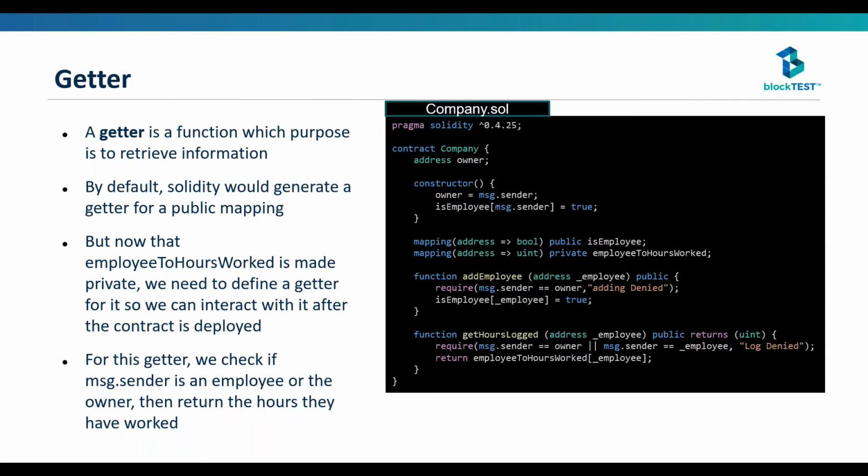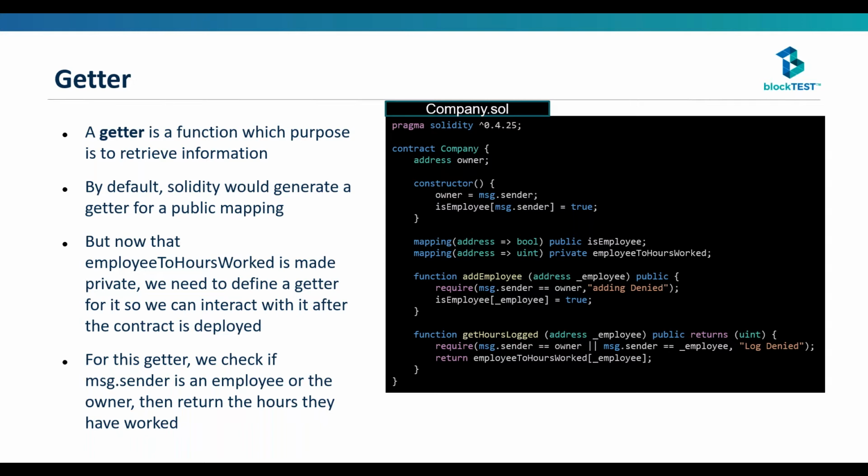Now inside this function, we are going to make sure that the right person can access the hours worked for the right employee. In order to do that, we are again going to use a require, and we are going to check that the message sender is either the owner or the employee himself.